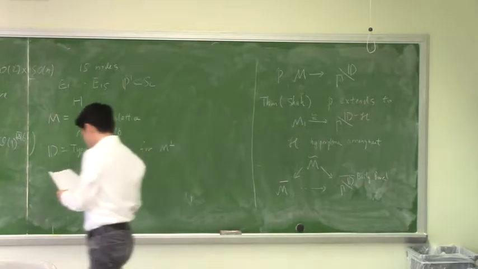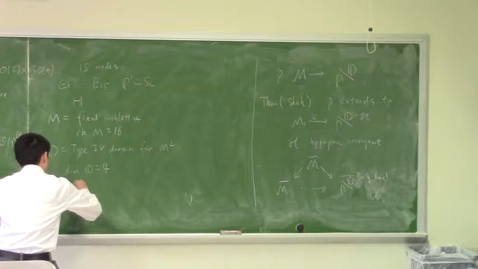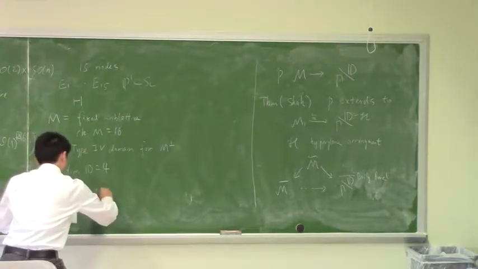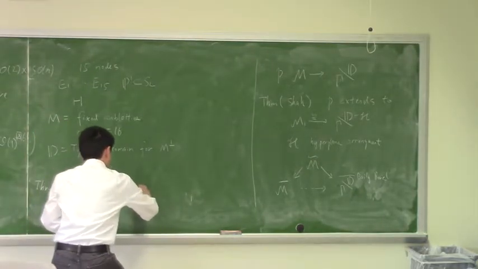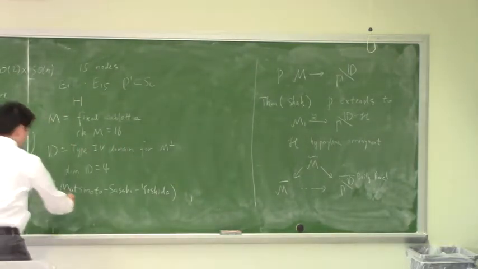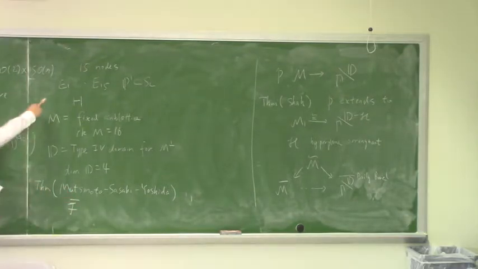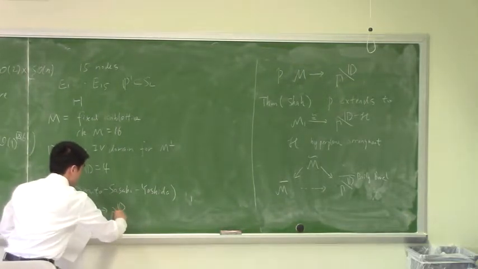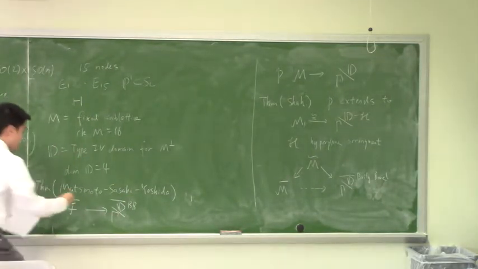So the theorem by Matsumoto, Sasaki, and Yoshida says that the period map can extend to the GIT quotient F, and it forms the Baily-Borel compactification of the dimension 4 type 4 domain. So this is an isomorphism.